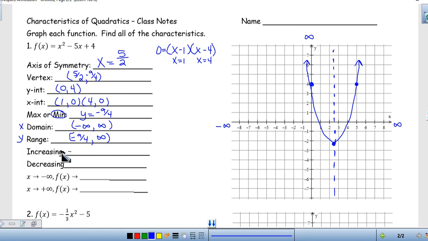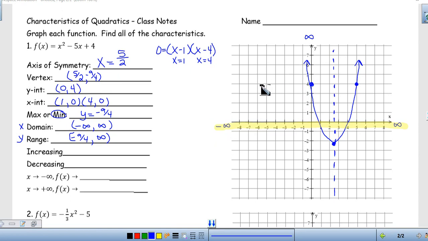All right, increasing and decreasing. Increasing and decreasing are going to use the x values to write an interval. Now, these particular intervals are always going to be parentheses because we don't have a definite stopping point.